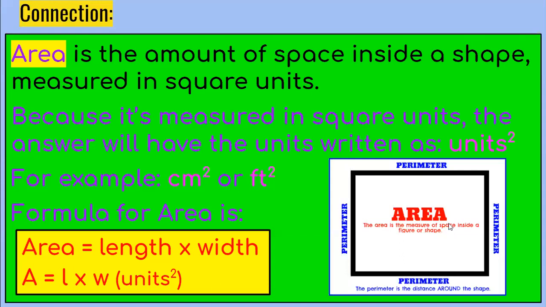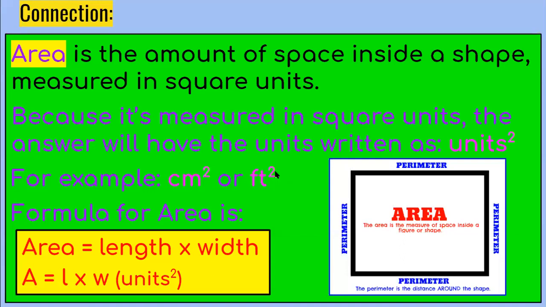Now, this is very important because we have not done this before. Area is the amount of space inside a shape measured in square units. Because it's measured in square units, the answer will have the units written as units and then that little 2 above it, units squared. For example, centimeters squared or feet squared.